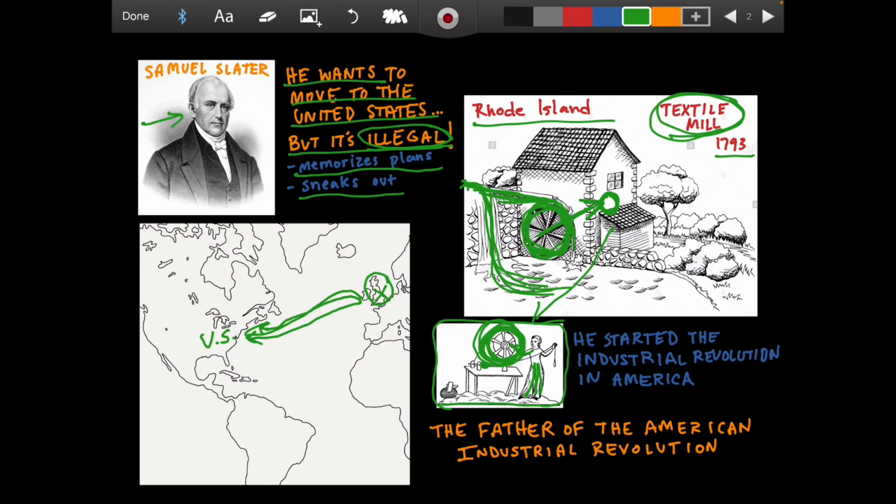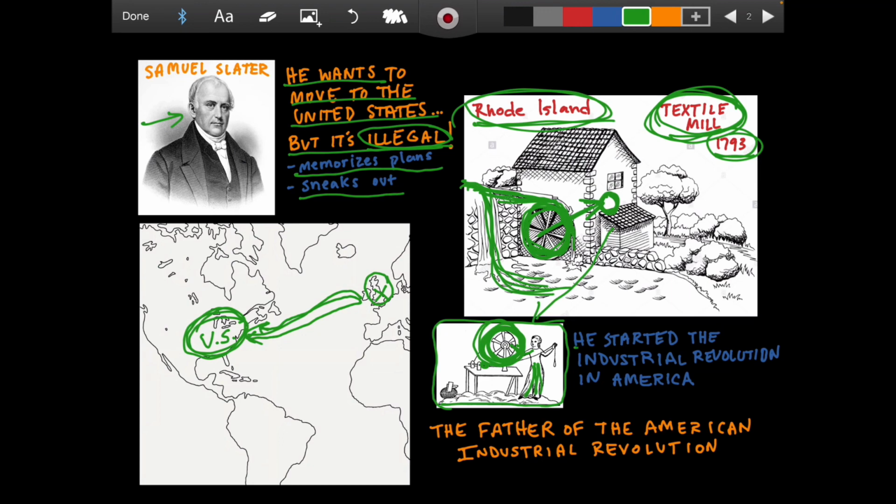And so this was new technology when Samuel Slater develops the first textile mill there in 1793 in Rhode Island. It becomes innovative, and it's not going to be the last textile mill, but it was the first. Many people are going to copy his idea, and we're going to start to see many different textile mills and also other mills that are going to develop all through the United States of America into the 1790s and into the 1800s.